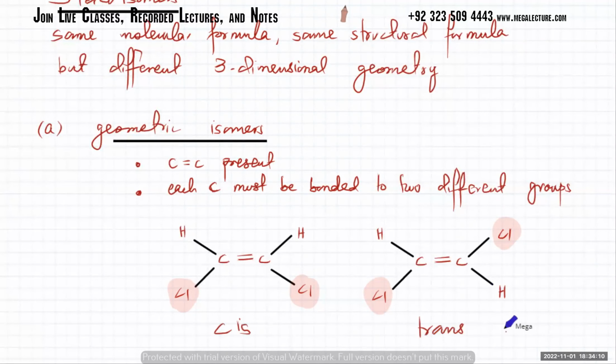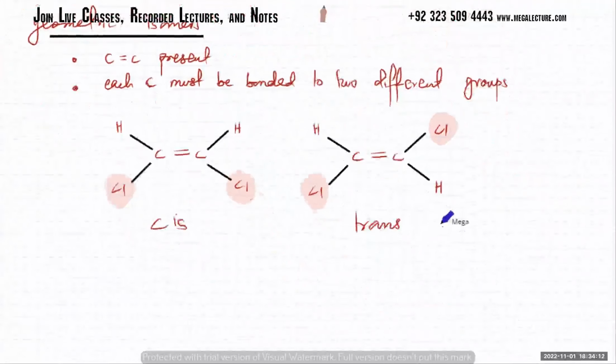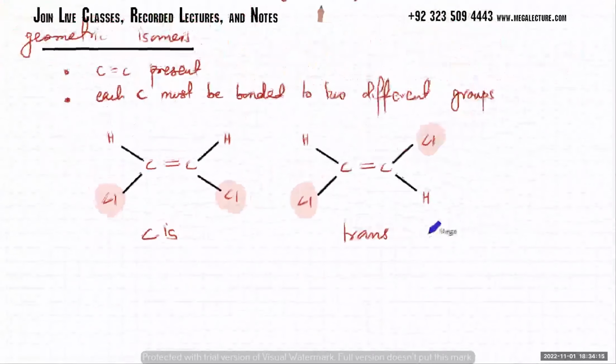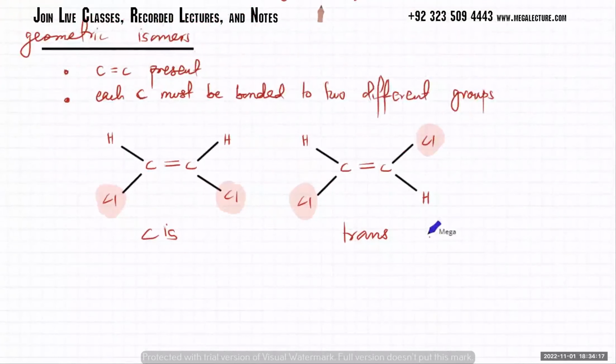And you had a trans version. And the reason the geometric isomerism happened was, उसकी reason जो थी, that rotation is not possible around a pi bond. So these molecules have a pi bond.